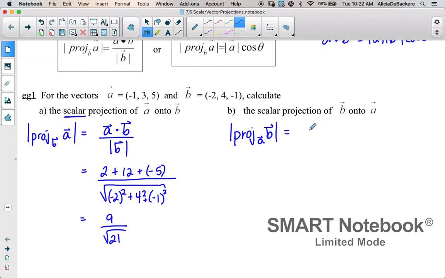So that means that I'm doing the dot product, and I'm dividing by the magnitude of vector A. So the dot product is going to be the same in either order. So this is the same as the dot product of A and B, but in the denominator, I'm going to take the square root of the A components squared.